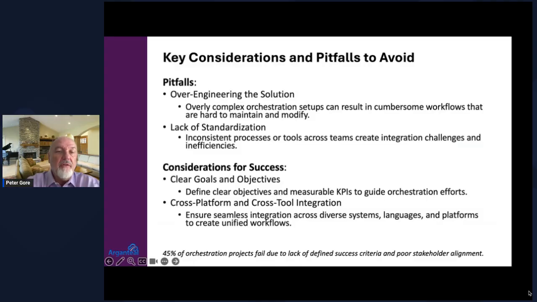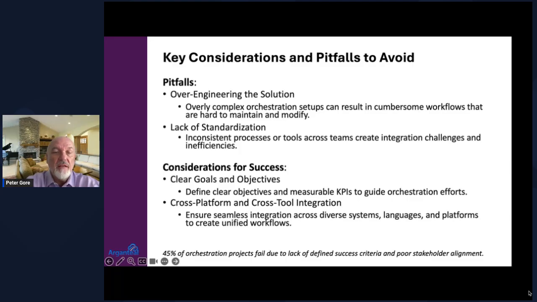So what are some of the pitfalls? I've seen a lot of customers really over-engineer the solution, right? Complex orchestration, multiple tool sets, cumbersome workflows. The challenge here is, how do you maintain things that have been created, and how do you pass them on, right? We don't all stay around forever.